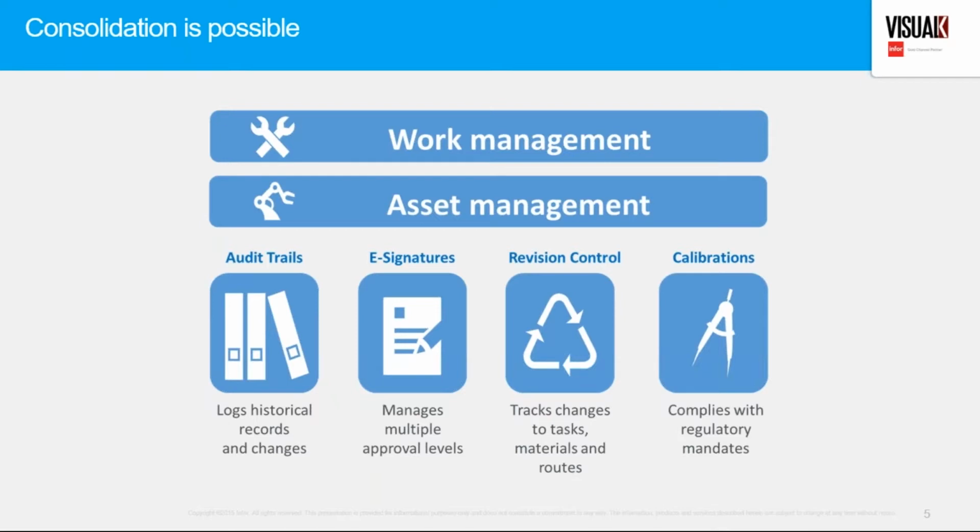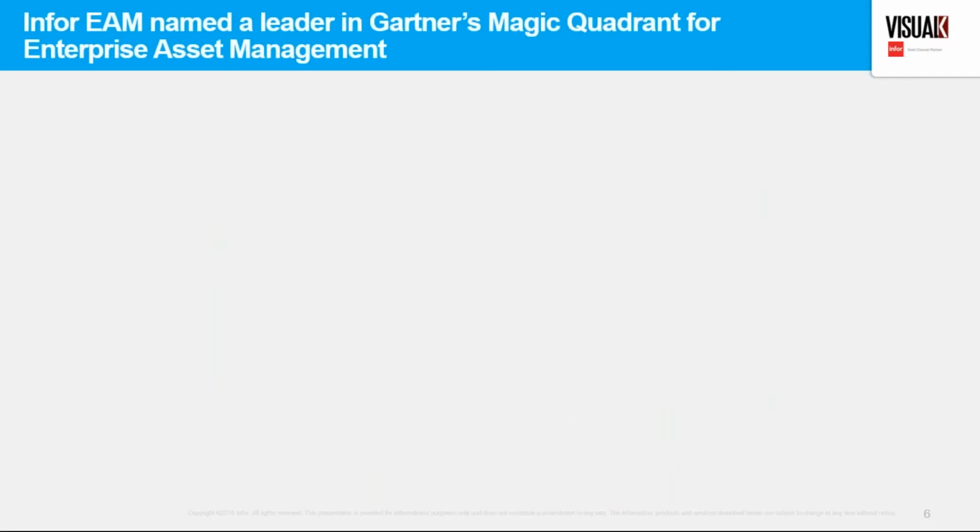creating these environments where you have to go into your CMMS to do your work orders. You have to go into your niche player for calibrations. You have to put audit trails and electronic signatures on top of either the CMMS or the calibrations module in order to comply, typically in regulated industries.